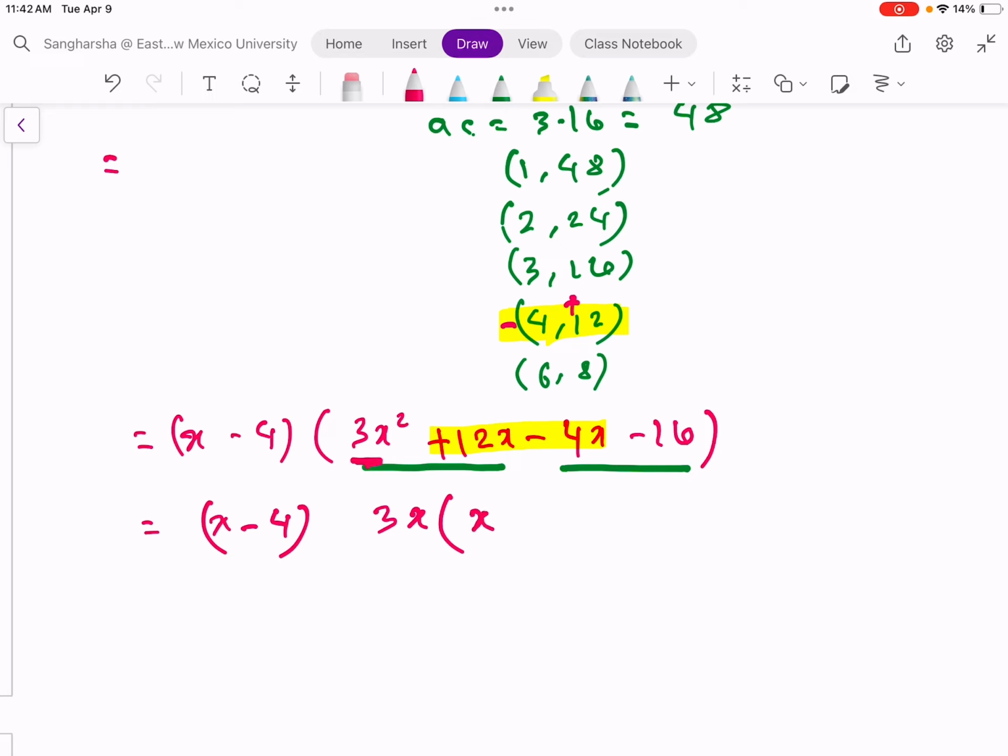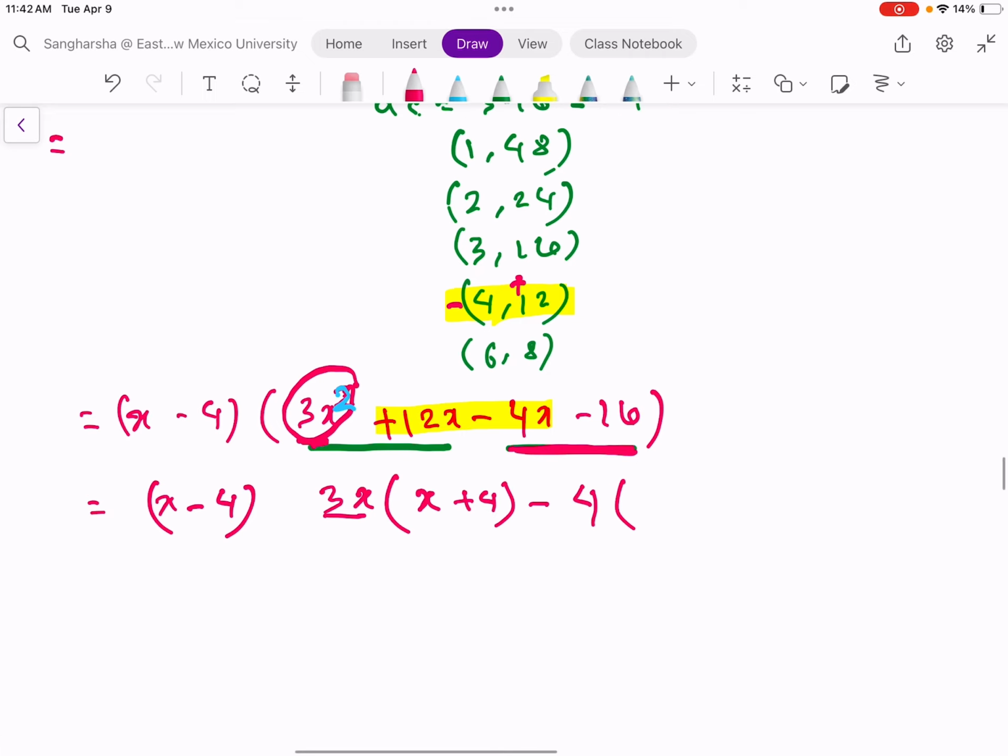You divide 3x square by the common factor: 3x square divided by 3x is x. Now let's factor out 3x from positive 12x. We get positive 4. From the last 2 terms, we have negative 4 as a common factor. So let's factor out negative 4. Negative 4x divided by negative 4 is positive x. Negative 16 divided by negative 4 is positive 4.